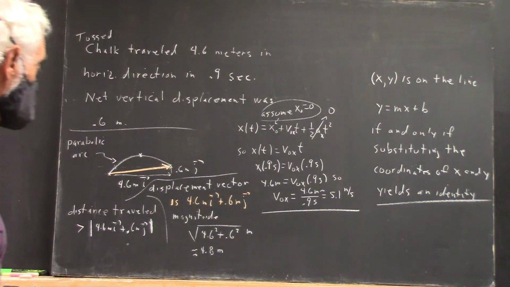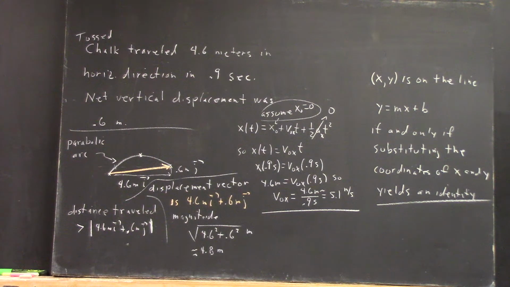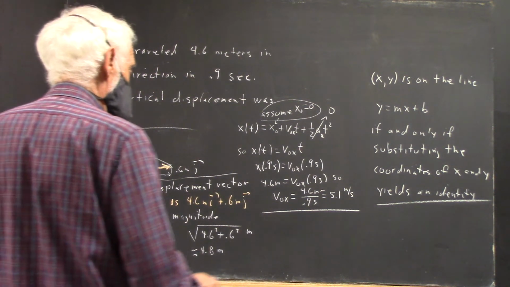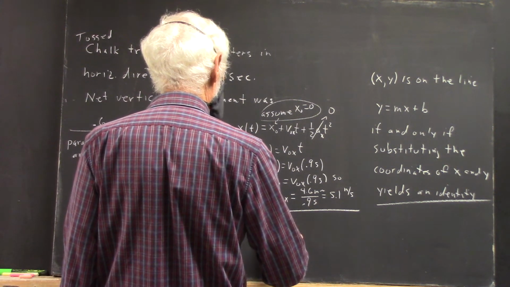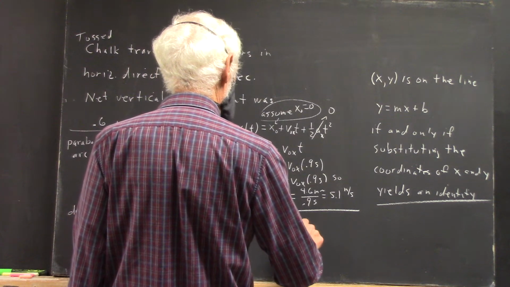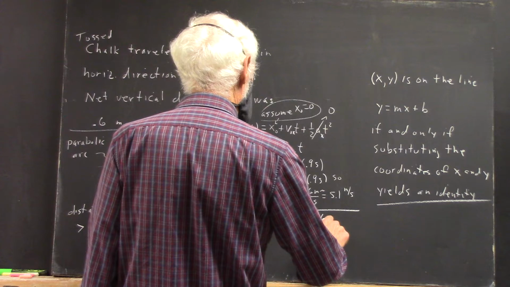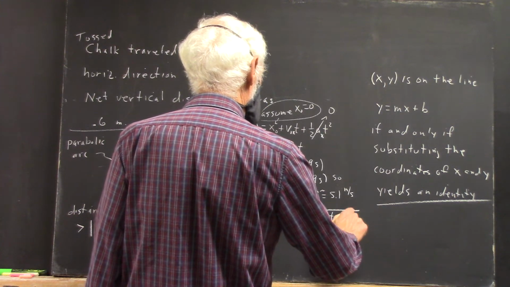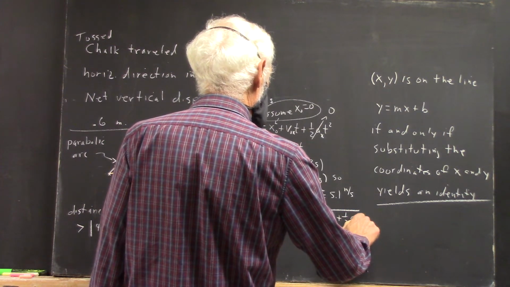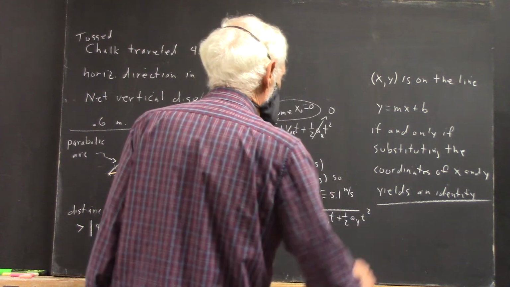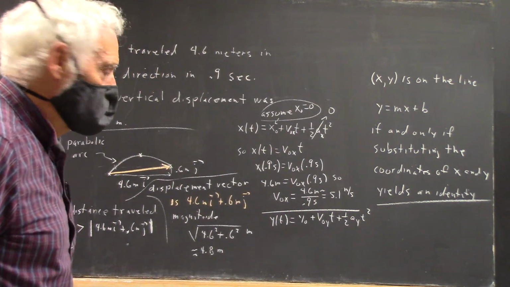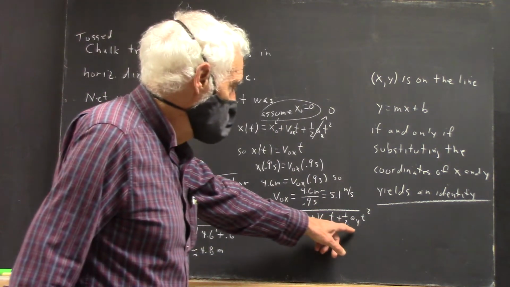Now, what about y of t? It's equal to y naught plus v naught y t plus 1/2 a y t squared. Well, a y is the acceleration of gravity.